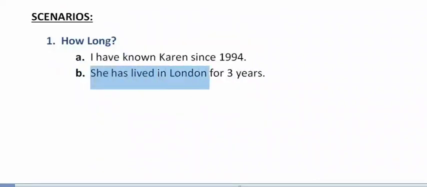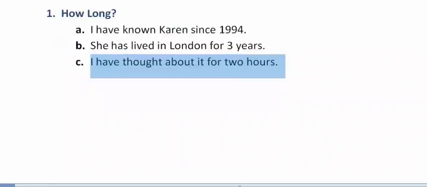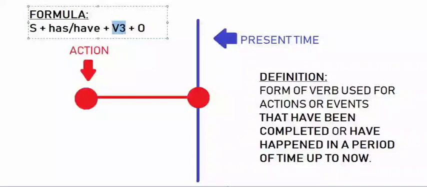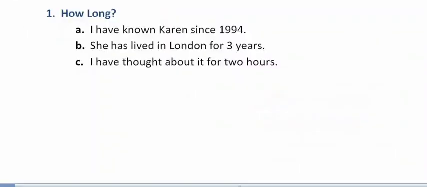She has lived in London for 3 years. She was living and she is still living right now. I have thought about it for 2 hours. Now friends, as I go on speaking the sentences, I want you to recall this diagram, recall the formula, and keep on relating, alright? But I know there is one very important question that's there in your mind.